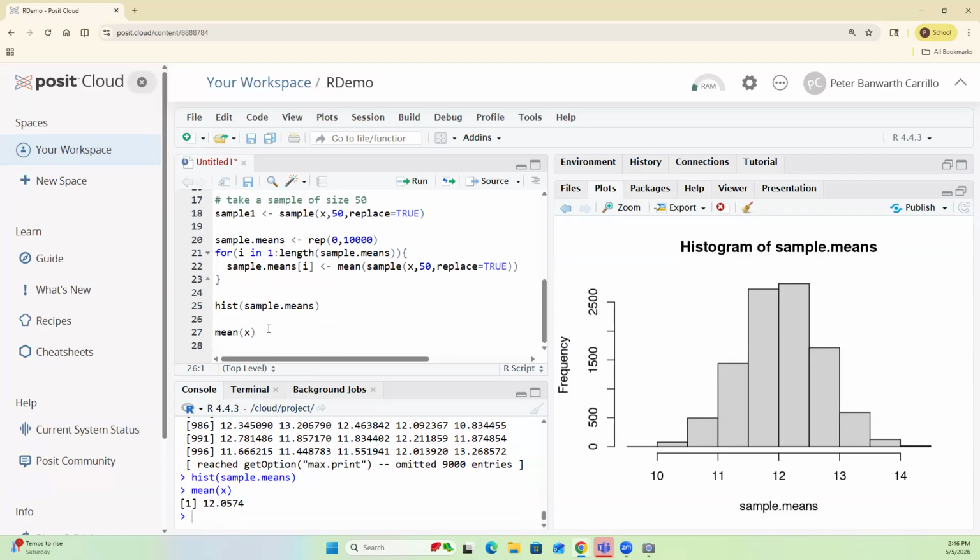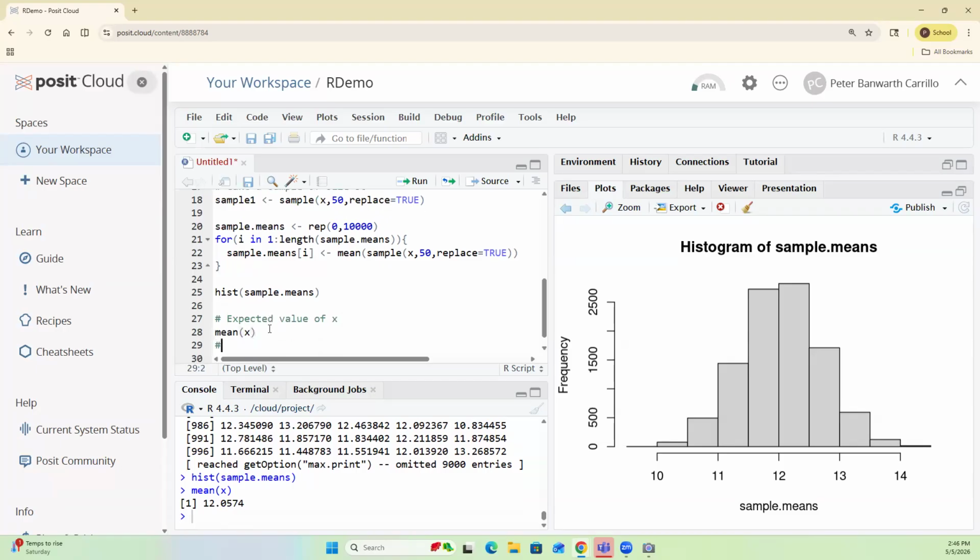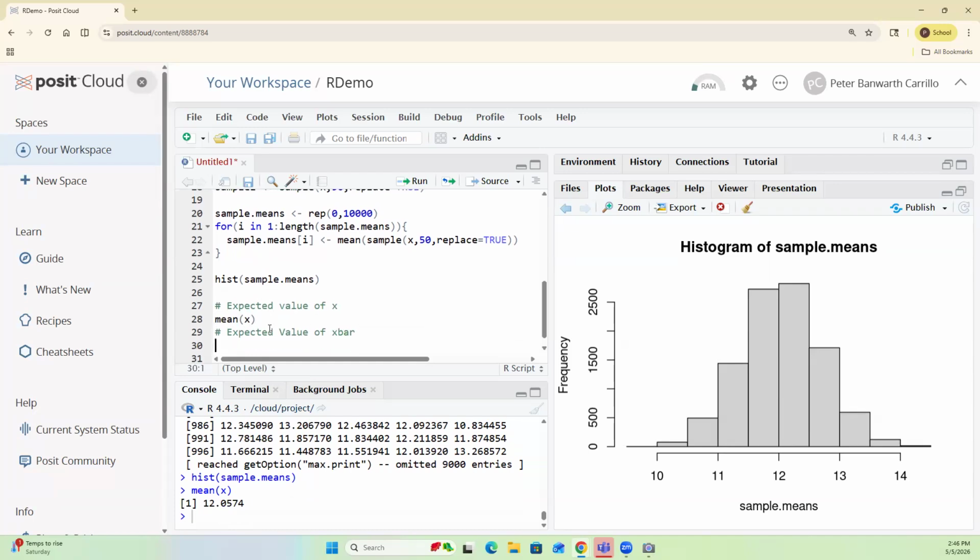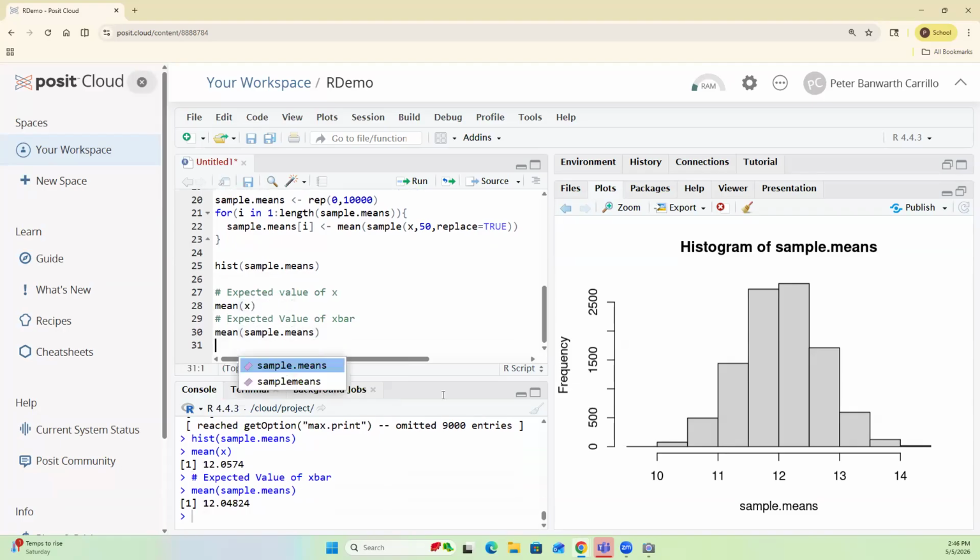And we can double check. There's the expected value of the variable, expected value of the means. I mean, it's a 10th off, or a 100th off. It's almost exactly the same. It's not exactly the same. And why is it not exactly the same?